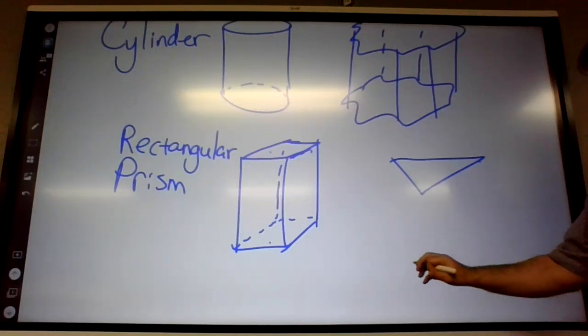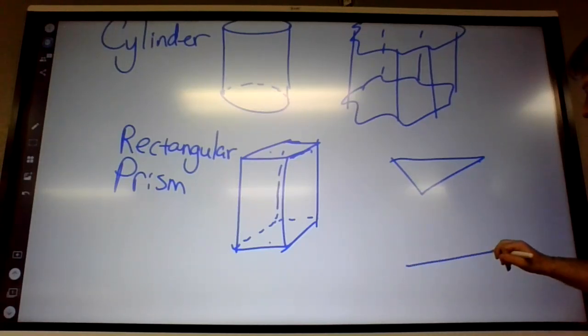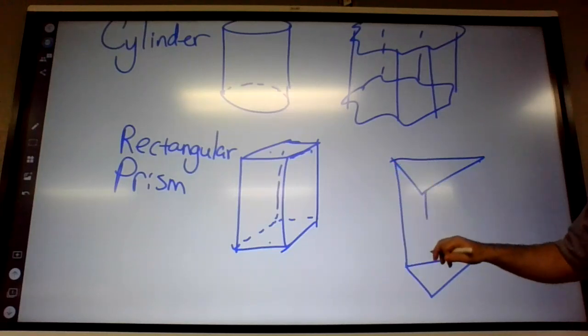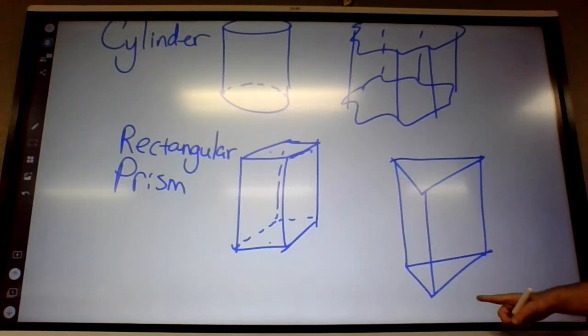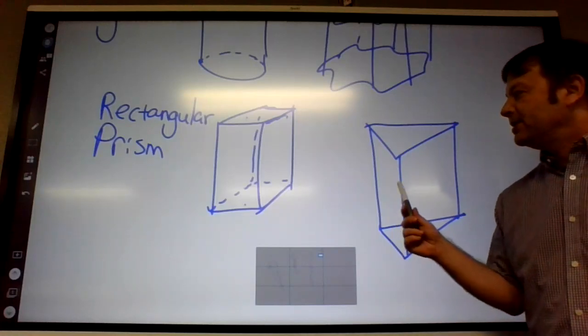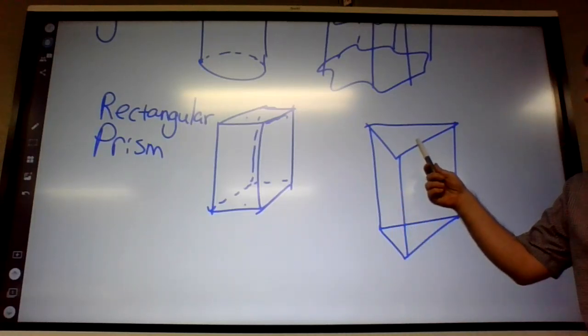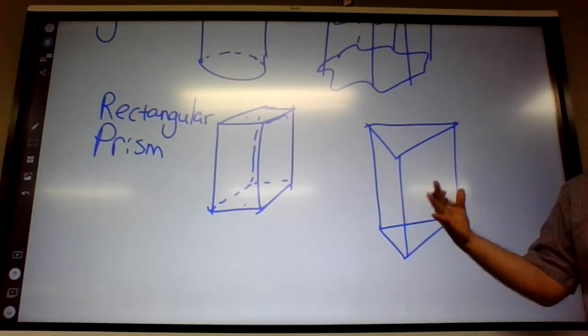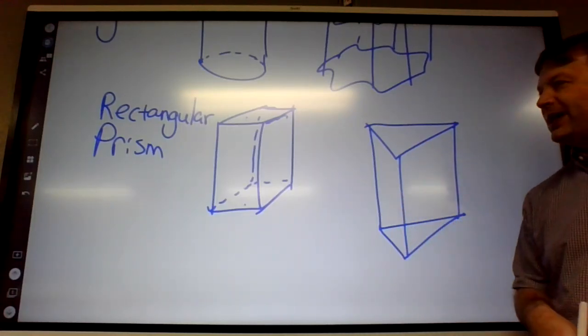Gotta try to make them identical, that's the trick. Okay, that's better. This would be in the back, so it should be dotted, but too late. Anyway, this is a triangular prism. You could have a hexagonal, any shape. Octagonal prism.